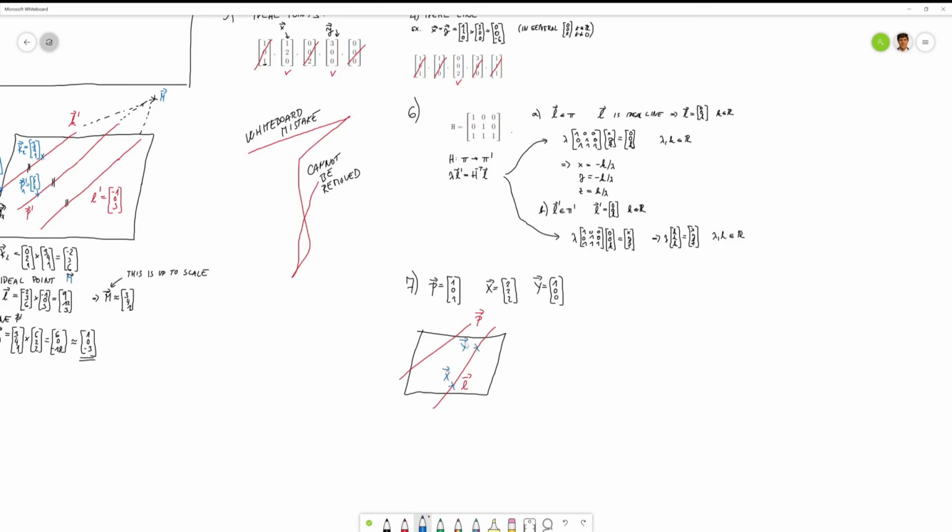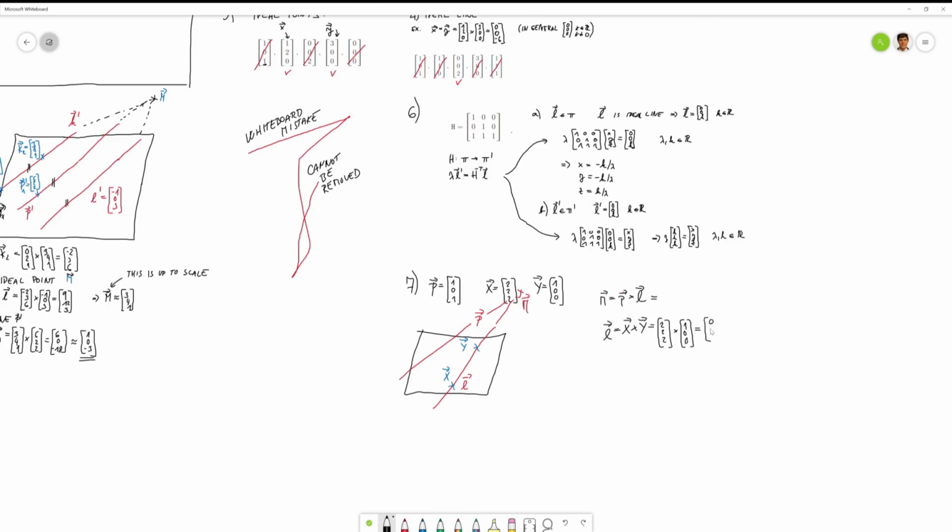We will call this point M and compute it as the cross product of P and L. However, to compute the cross product of P and L, we have to compute the representation of L. So L is the cross product of the points x and y. So the cross product of 2, 2, 2 with the vector 1, 0, 0, and it is 0, 2, minus 2.